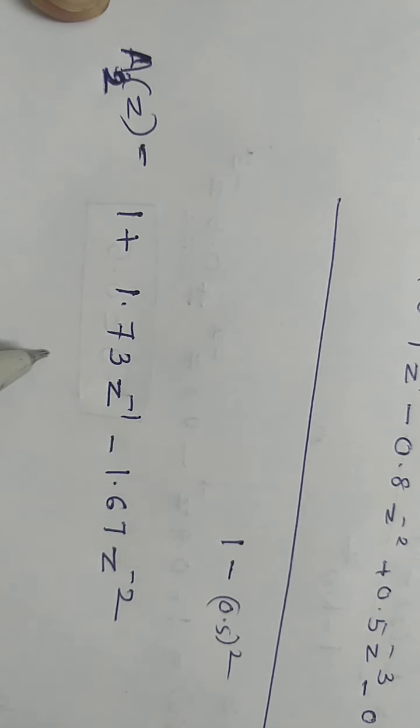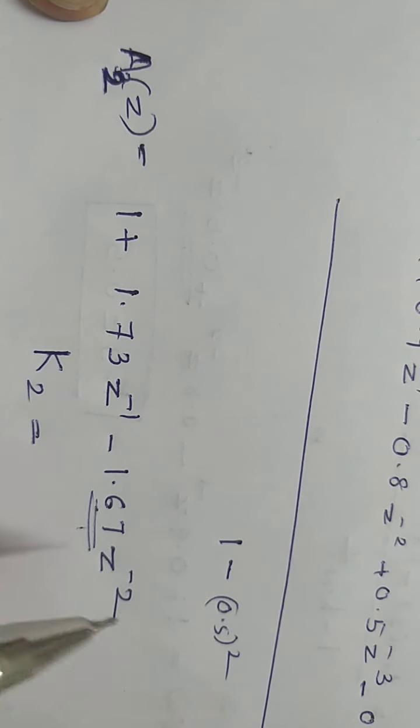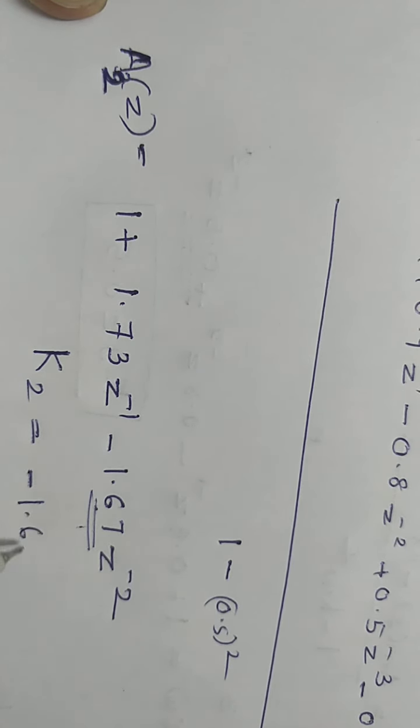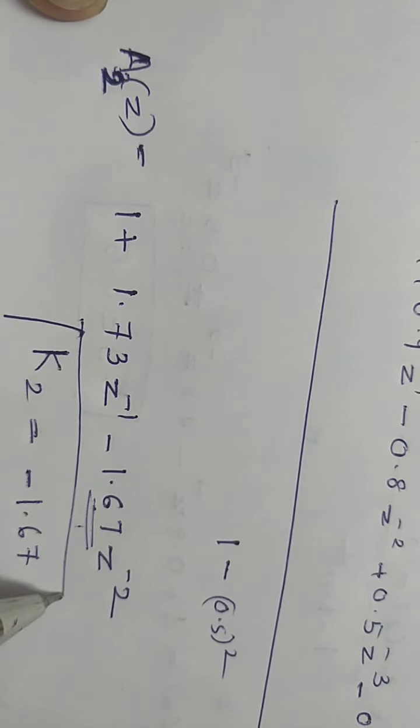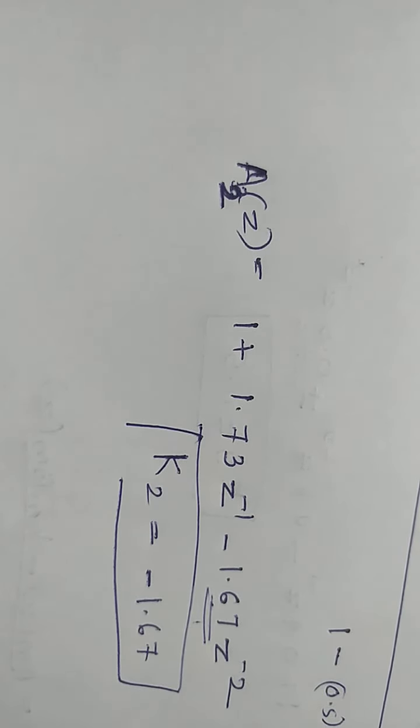Then the k2 value is equal to the coefficient of z raised to minus 2, that is minus 1.67. So minus 1.67 is the value of k2. Similarly, we got the k3 coefficient and the k2 coefficient. Now we need to find the k1 coefficient.